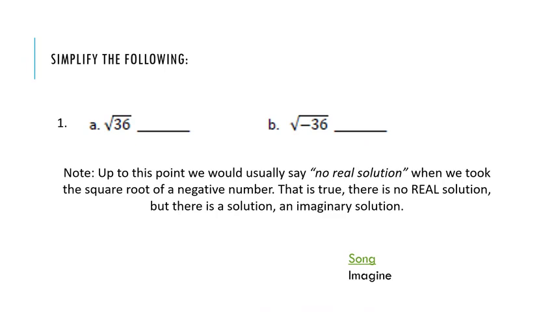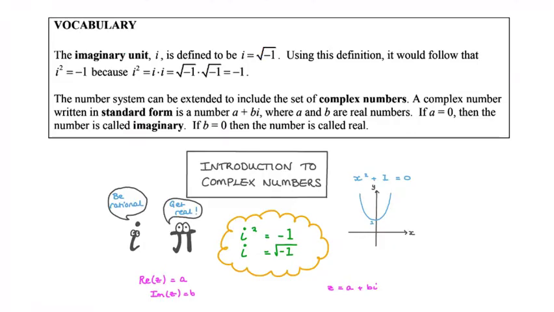All right, so the imaginary unit I is defined to be I equals the square root of negative 1. Using this definition, it would follow that I squared equals negative 1 because I squared equals I times I, right? And I's value right back here, I equals the square root of negative 1.